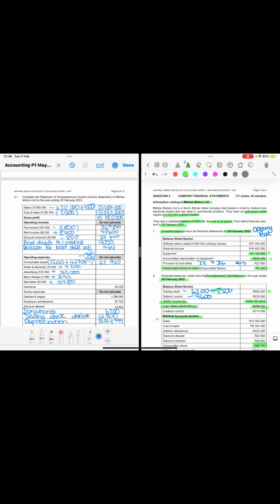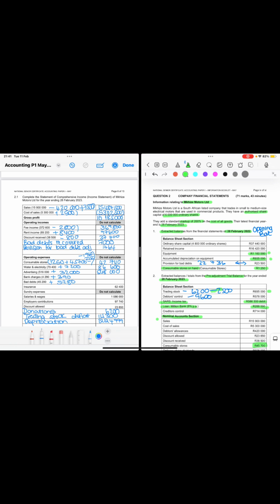And then we look at water and electricity, 79,400 plus 7,200. Okay, for this part, you can skip the rest of the SCI, or you can say 516,000 plus 32,000, which will give you 548,000.